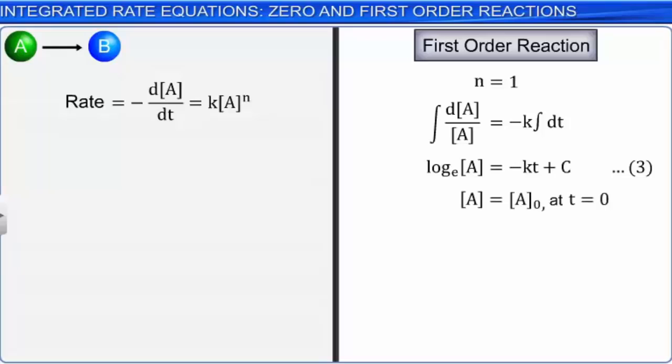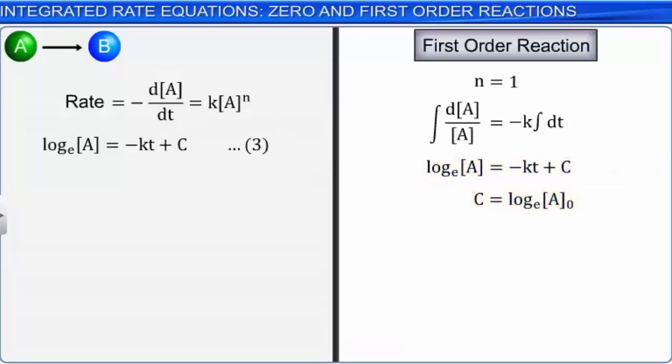Substituting the value of A0 at time t is equal to 0 in equation 3, we get C is equal to log concentration of A0 to the base e. Substituting this value of C in equation 3, we get log concentration of A to the base e is equal to -k multiplied by t plus log concentration of A0 to the base e. Let this be equation 4.